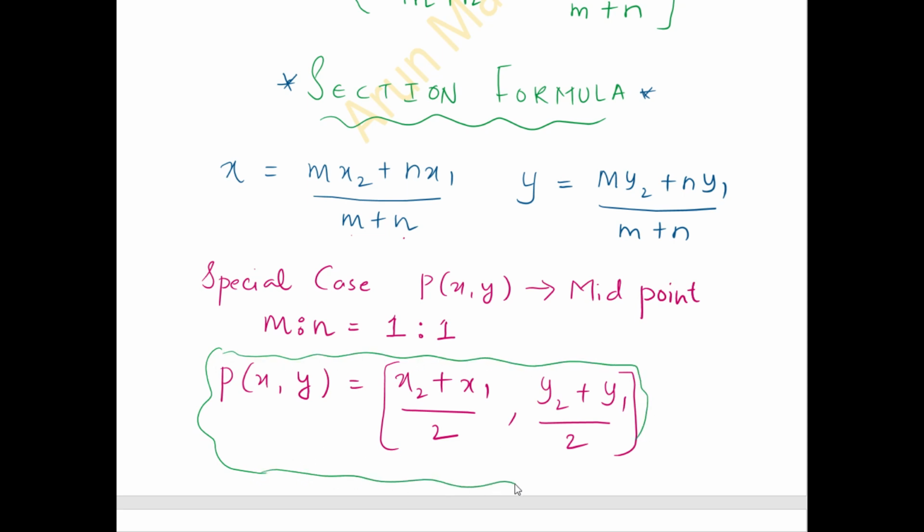Repeat, P of x comma y equals m x2 plus n x1 divided by m plus n comma m y2 plus n y1 divided by m plus n. In a special case, if P is the midpoint, then the formula is x2 plus x1 by 2 and y2 plus y1 by 2.